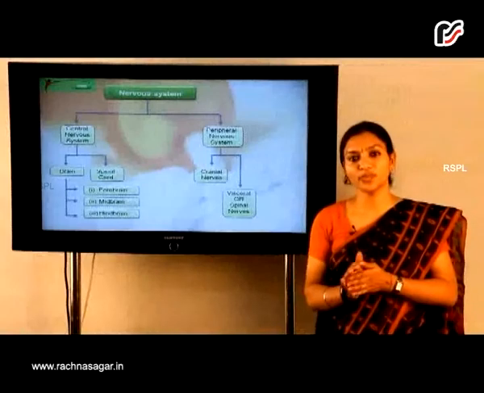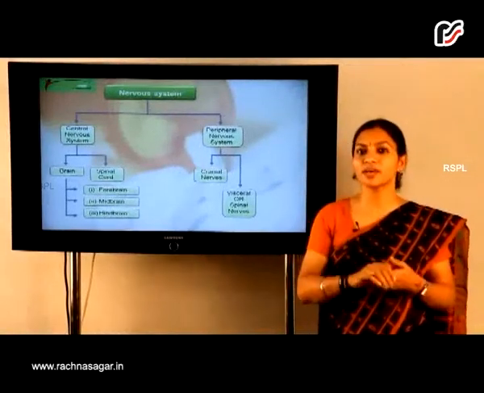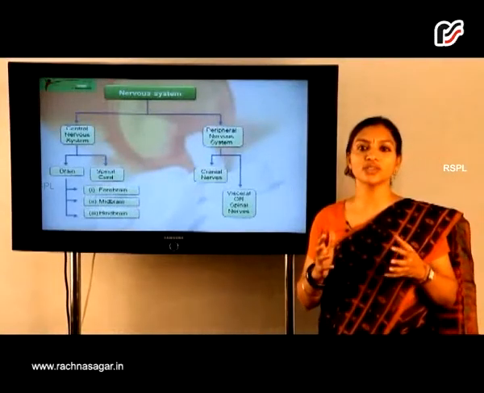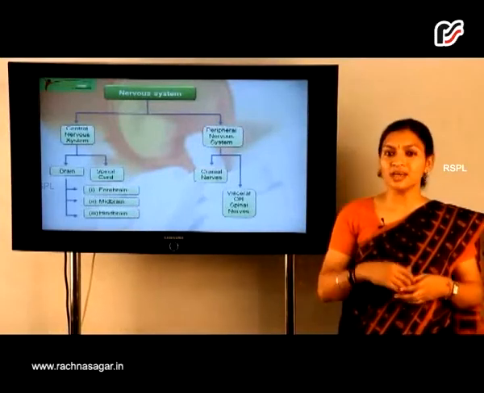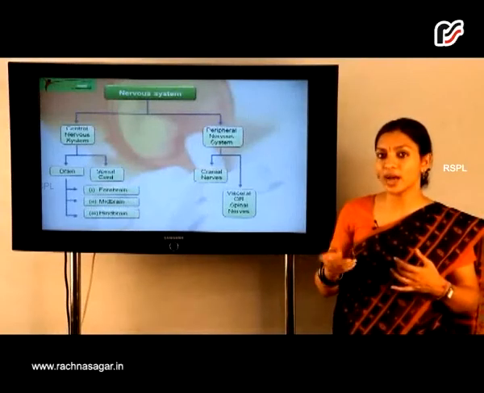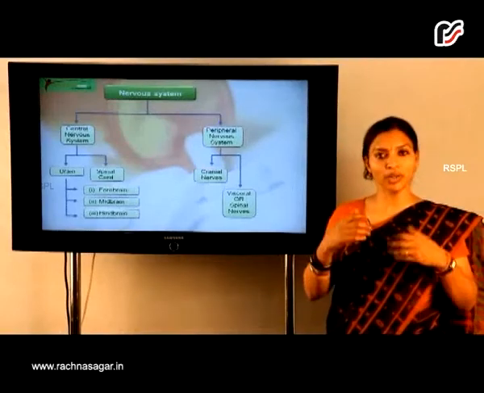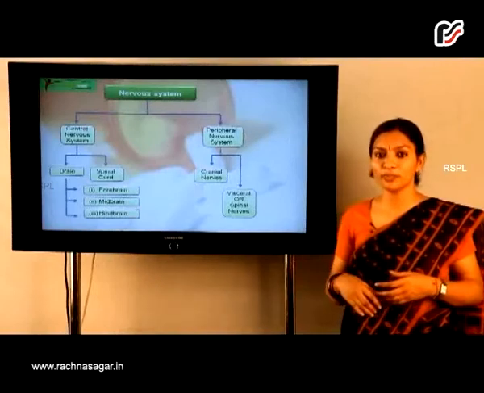So we have gone through the nervous system, its types, reflex actions, and so on. Let's summarize what are the functions overall which are controlled by the nervous system. First, it controls all the voluntary actions and involuntary actions, means the actions which we do according to our will as well as which are not under our control.